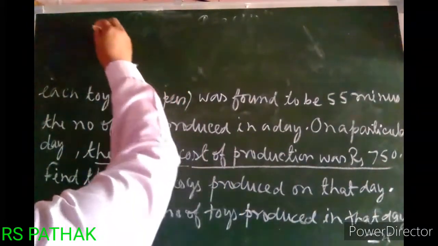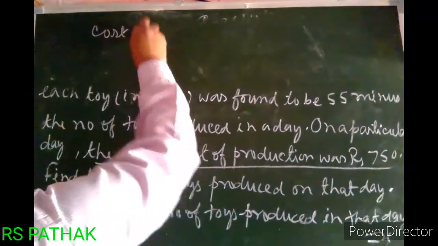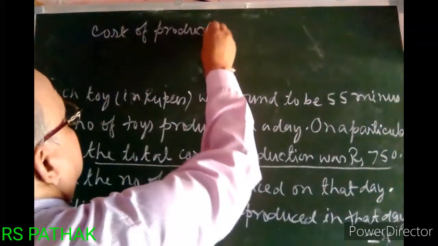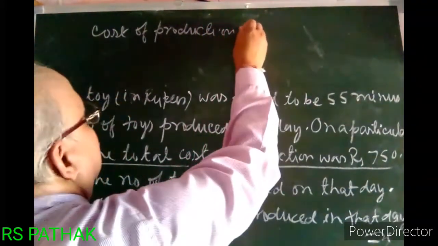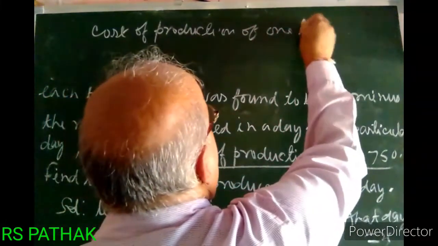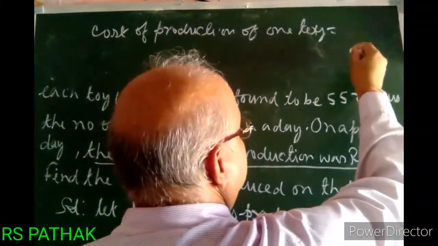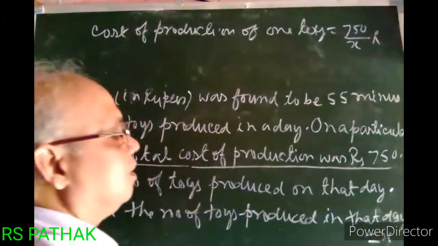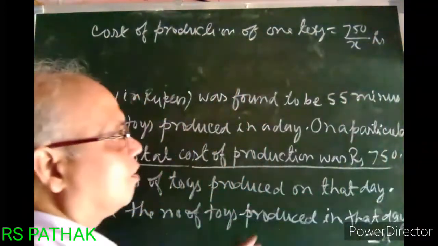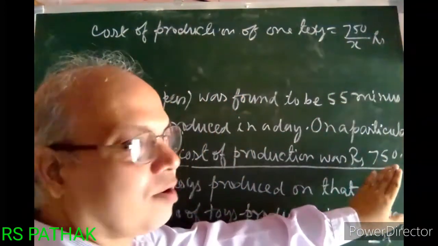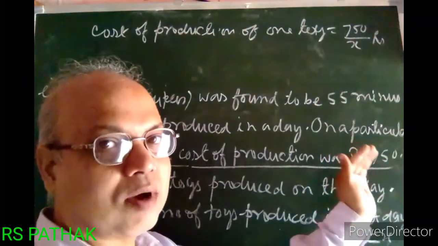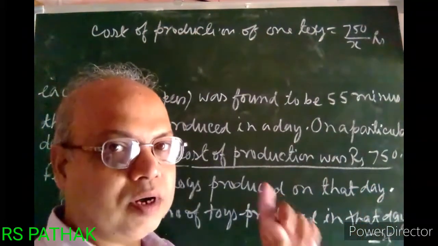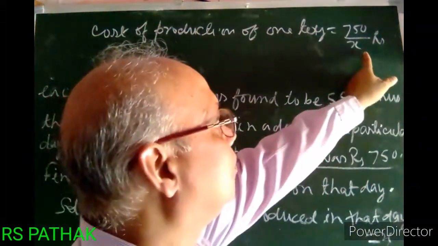Cost of production of one toy will be 750 upon x rupees. 750 is the cost of production of all the toys which are produced. Then the cost of production of one toy will be 750 upon x rupees.